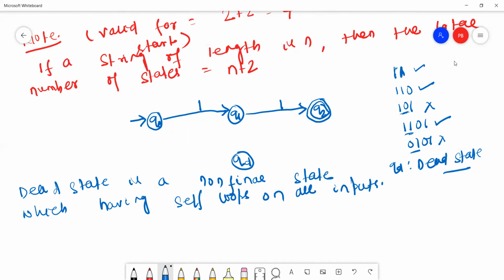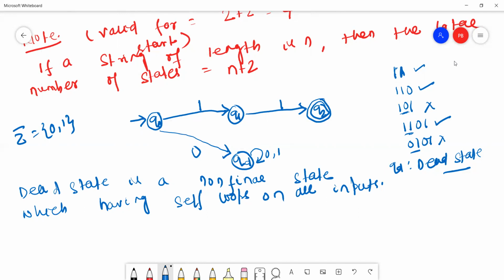Here, at Q0, if 0 comes, it will go to the dead state. I have input alphabet 0 and 1, two input alphabets, so the dead state QD has a self loop on all inputs. That is called the dead state.